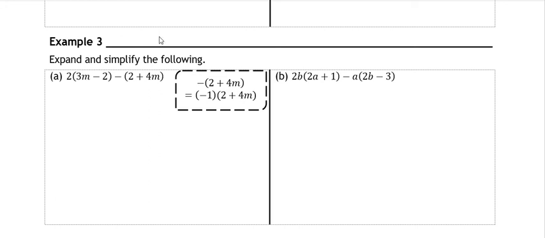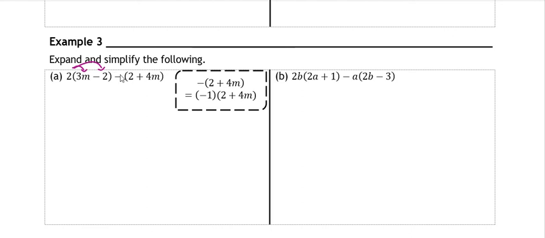Compared to the previous example, you have double brackets here, one pair over here and one pair over here. But no matter, you just have to use the idea of expansion, terms outside the brackets to the terms inside the brackets. So the first pair, 2 expands to this one and 2 expands to this one. Here, negative bracket 2 plus 4m.